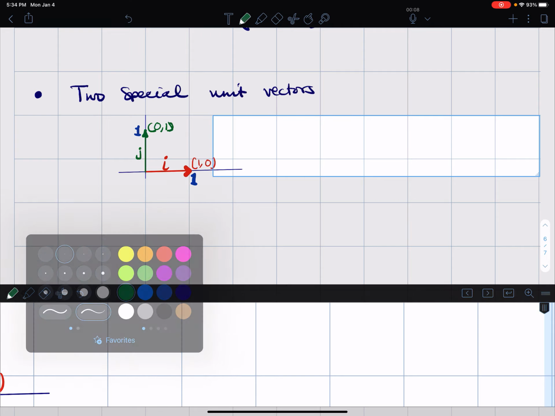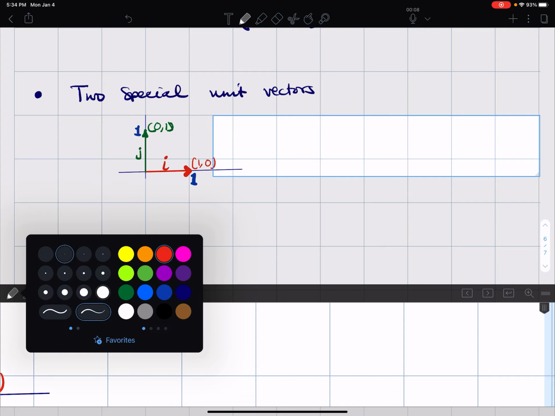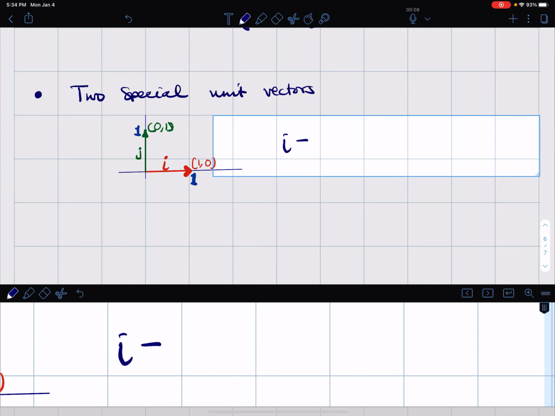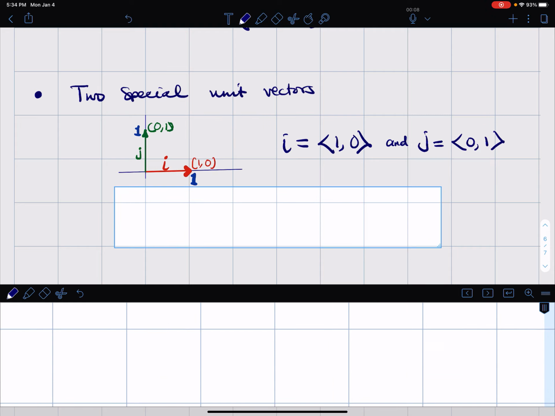Let's make it blue. i is (1, 0), and j is (0, 1). Okay?